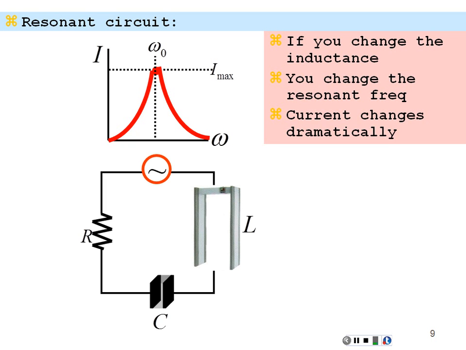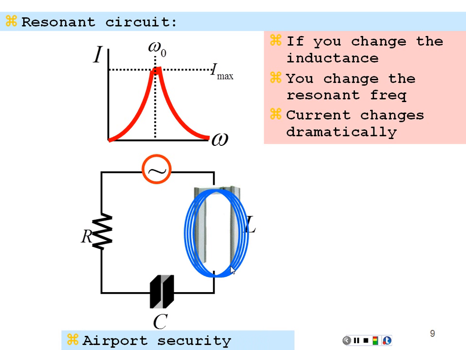For instance, consider this RLC circuit. We have a resistance, a capacitance, and we have an inductor, which really looks like an airport security coil. That's really one big inductor coil like this. And if somebody comes along and they have metal in their pockets or metal on their person, that is going to change the inductance of that coil.